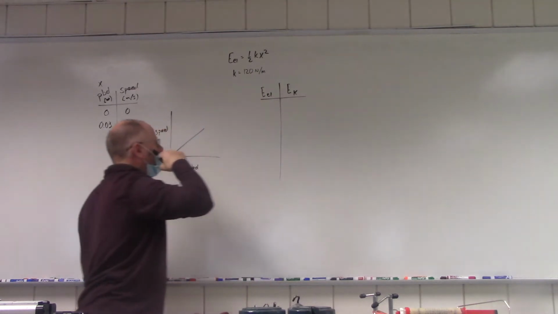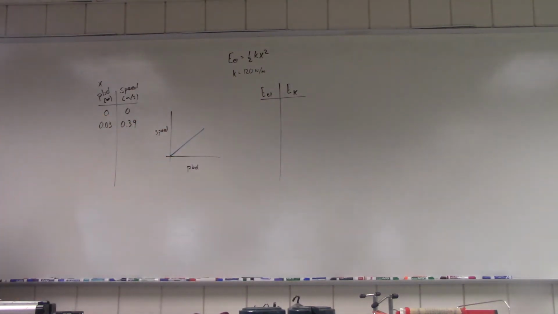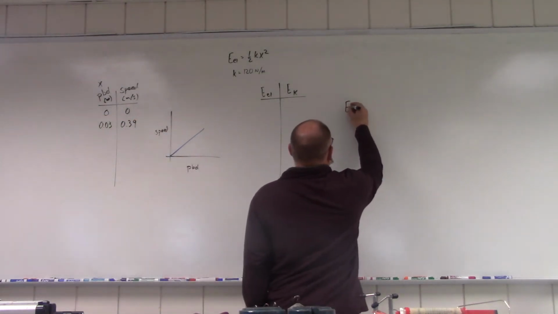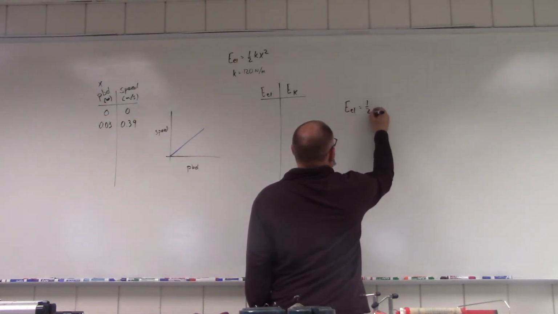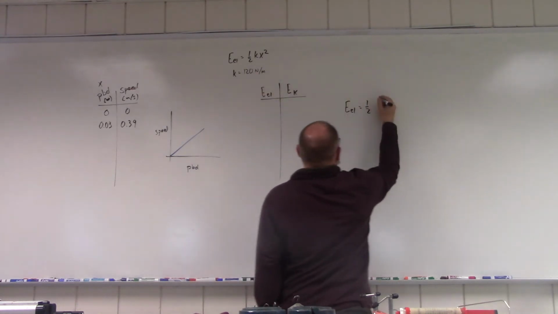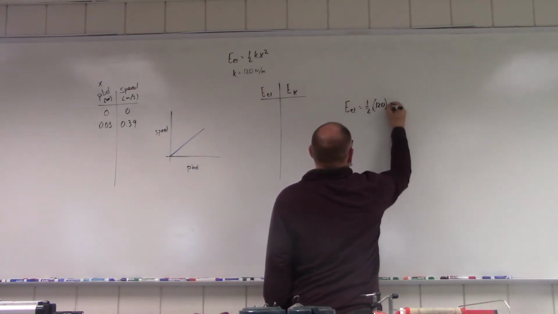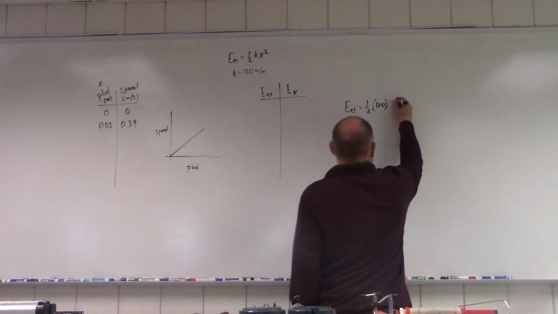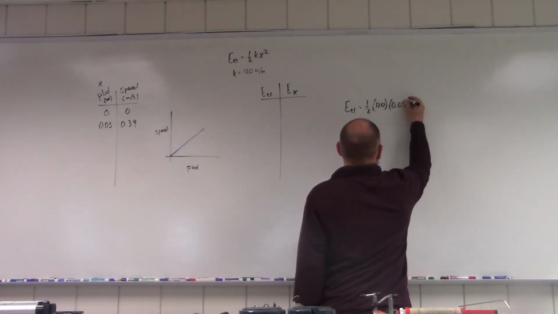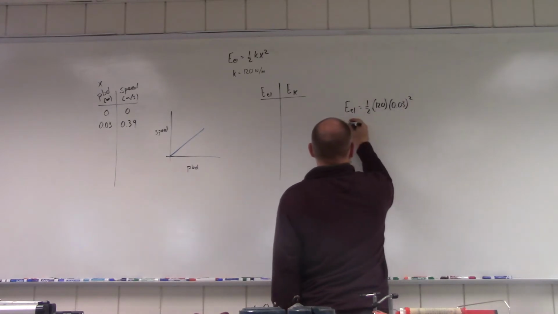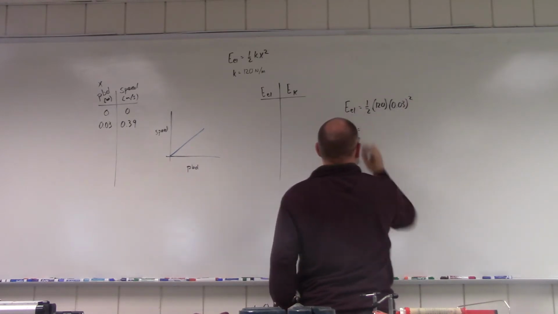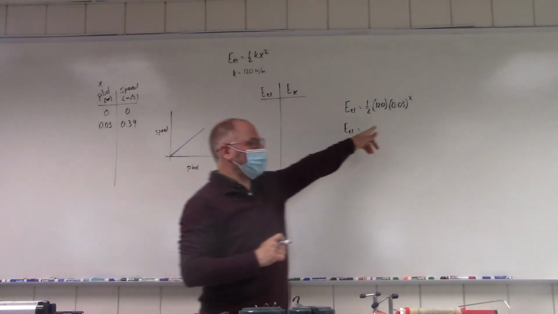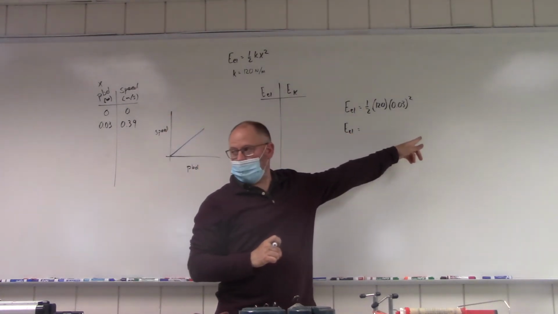So if you go to plug and chug this, it would look like this. I want to figure out the elastic energy. I'm going to take 1/2 of my k value, which is 120. And then what was my x value? It was 0.03. Don't forget to square it. Okay? And then you put this in a little calculator, and who got a number for me here?